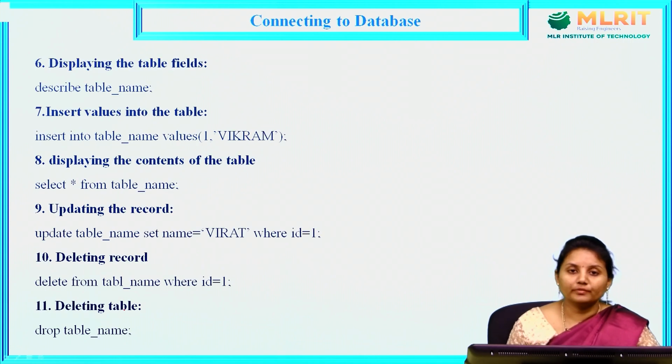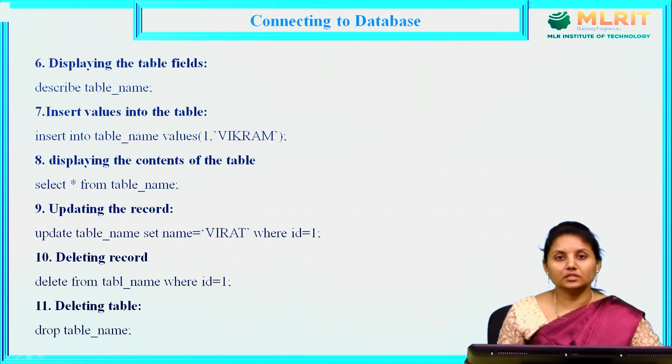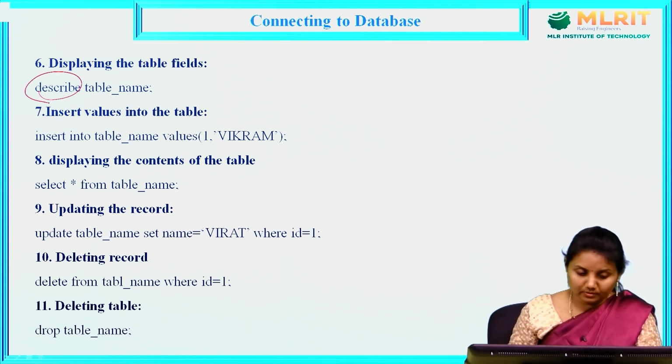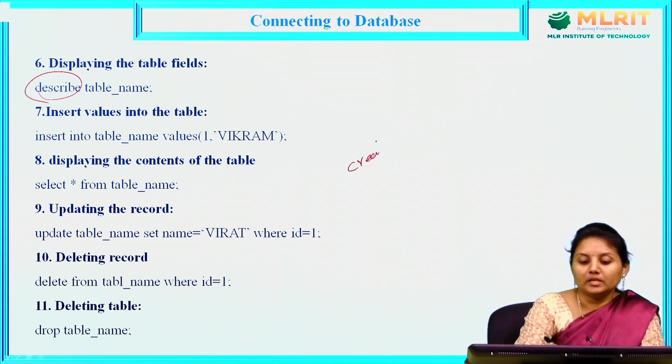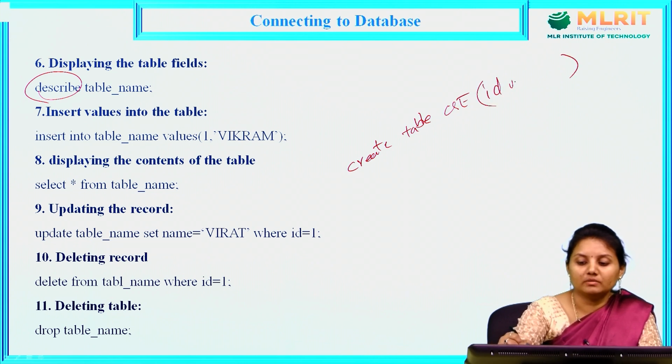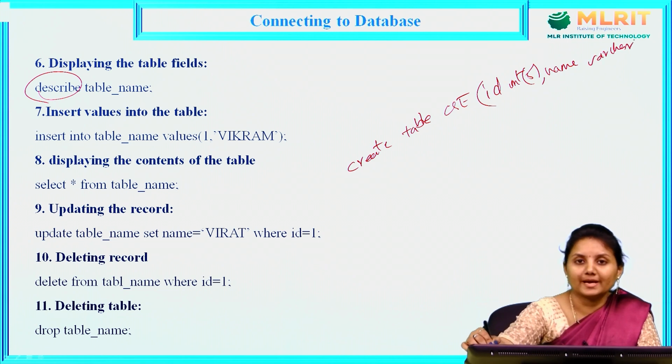And there are also few commands, displaying table fields. So describe the table name. What does describe do? Suppose you have created a table, say let us give CSE, with some ID and name, ID as integer 5 and name as varchar, because type we have to give, so we are giving the type.